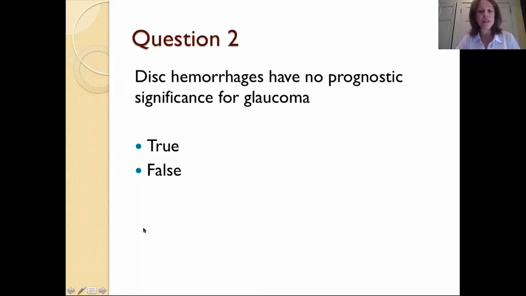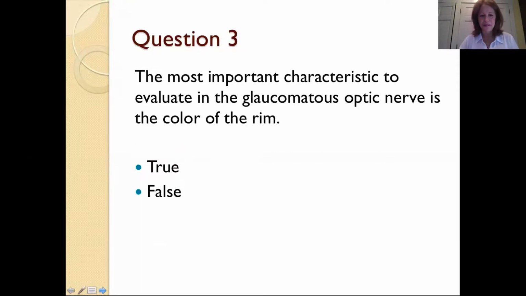Disc hemorrhages have no prognostic significance for glaucoma. True or false? Good. The most important characteristic to evaluate in the glaucomatous optic nerve is the color of the rim.